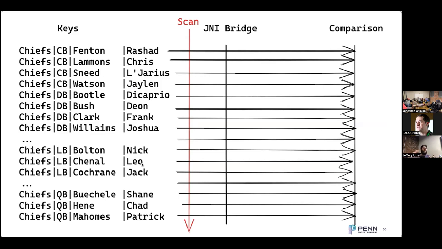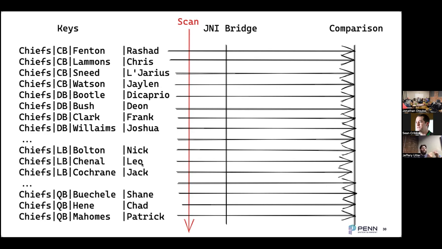But when you have that IN query and the field you need to do your IN on is in the middle here, in one query you'd still have to scan all the Chiefs and only pluck out the players that match that criteria. And it's extra bad in Java because each of those values has to cross the JNI bridge and have memory allocated.